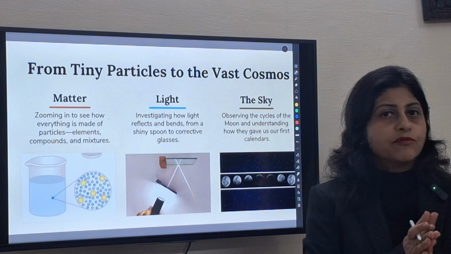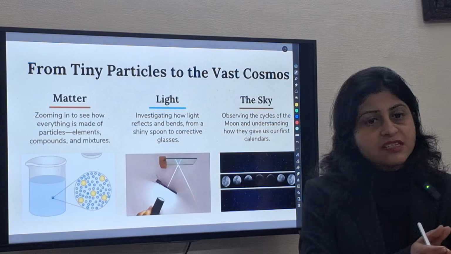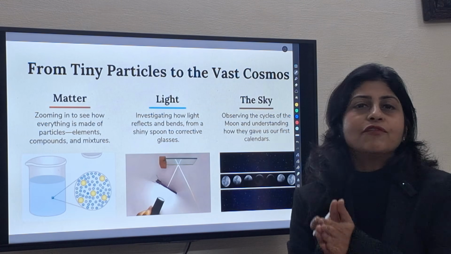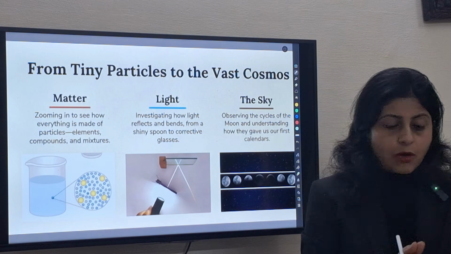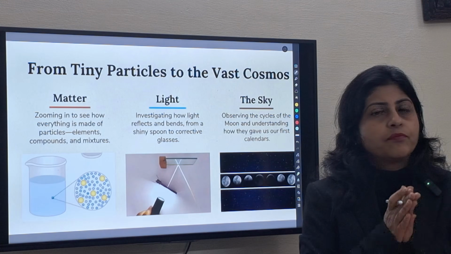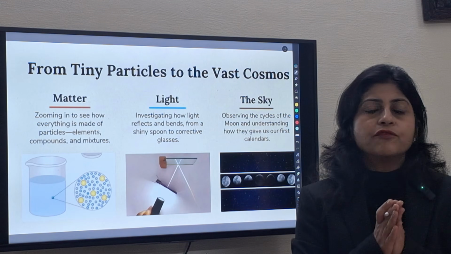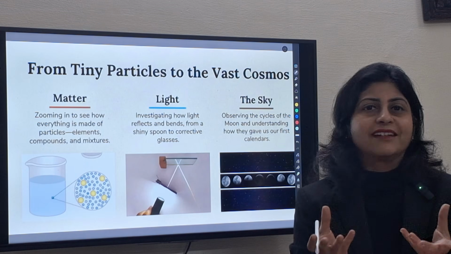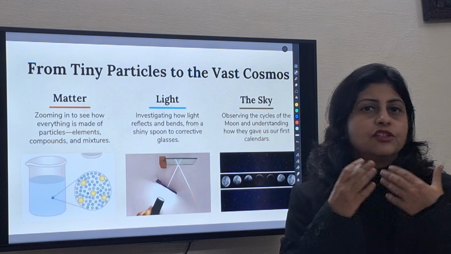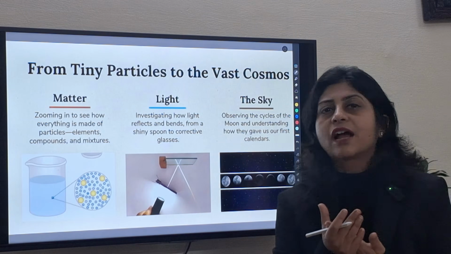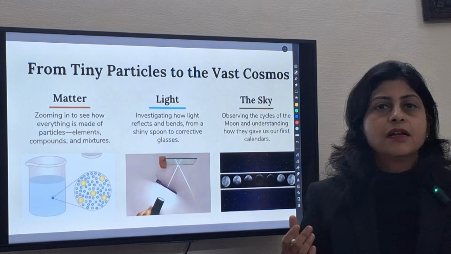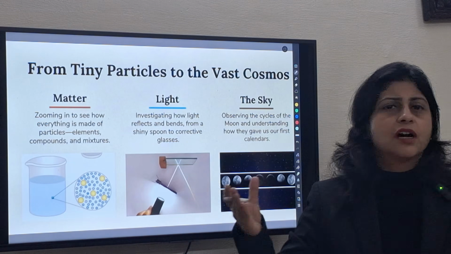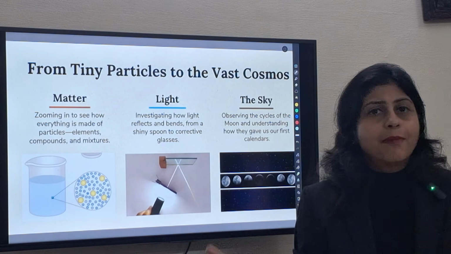Now, moving from forces to the world of tiny particles. We all are made up of something called matter. So, I am matter, you are matter, the pen you are holding in your hand, the phone you are holding in your hand, the sofa lying in your room, the bed, everything is what? Matter.